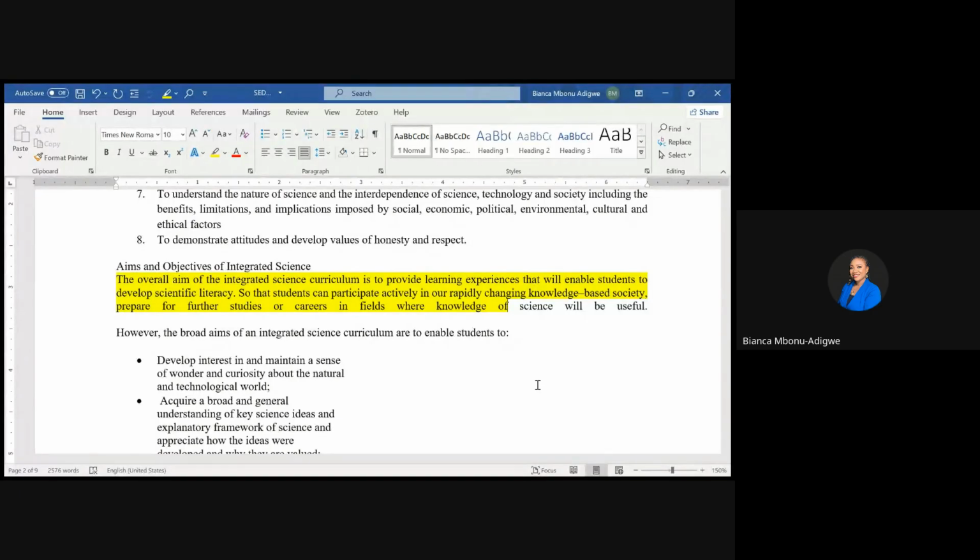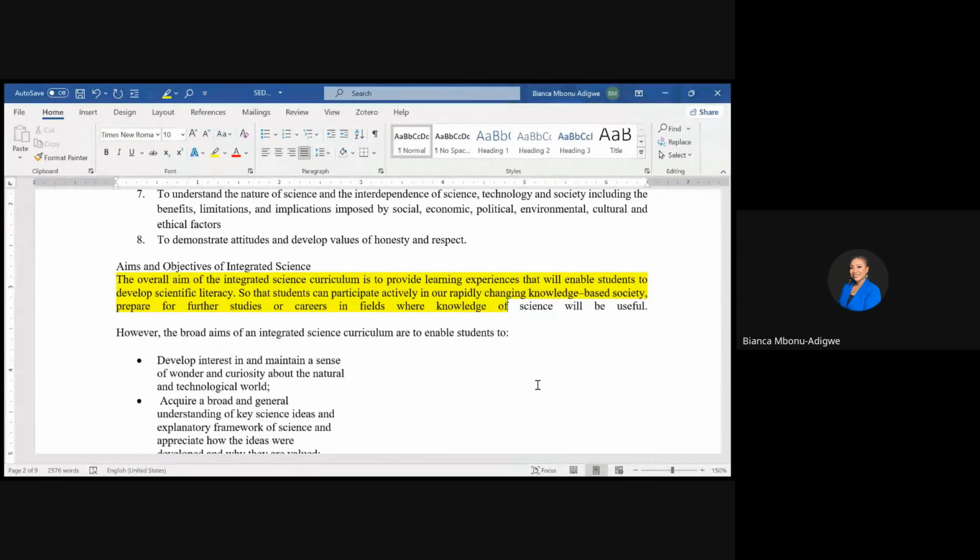So the overall aim of the integrated science curriculum is to provide learning experiences that will enable students to develop scientific literacy so that everyone can participate actively in our changing society and prepare for further studies or careers in fields where the knowledge of science is useful.